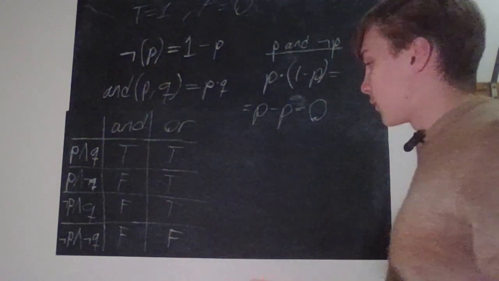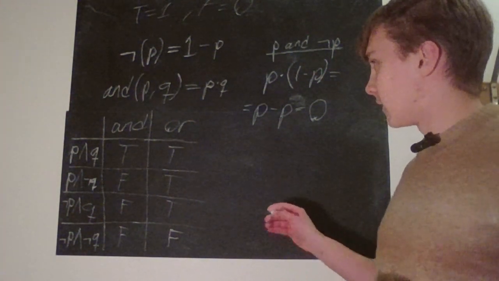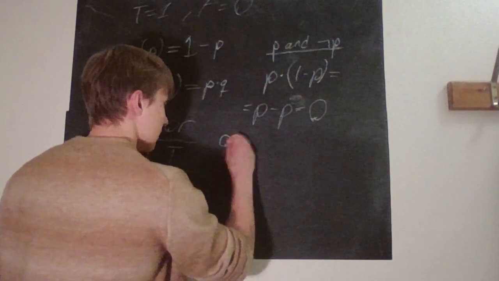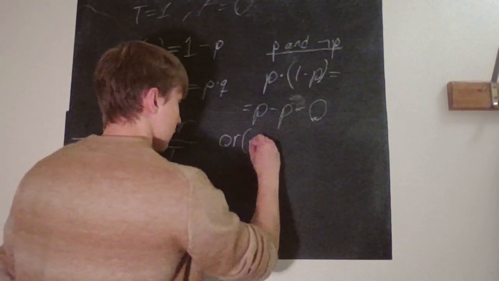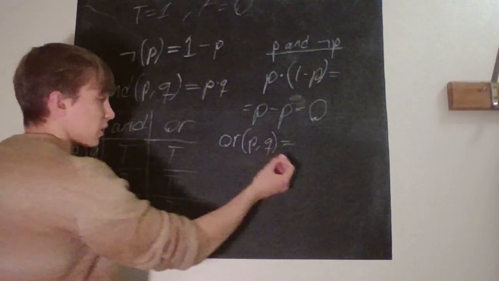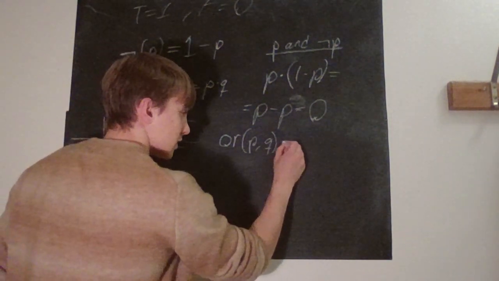Okay, and for this OR function, as with the last ones, I'll just state the most simple function. So I have OR of P and Q. You could also write P or Q, that works just fine, like in a normal programming language.